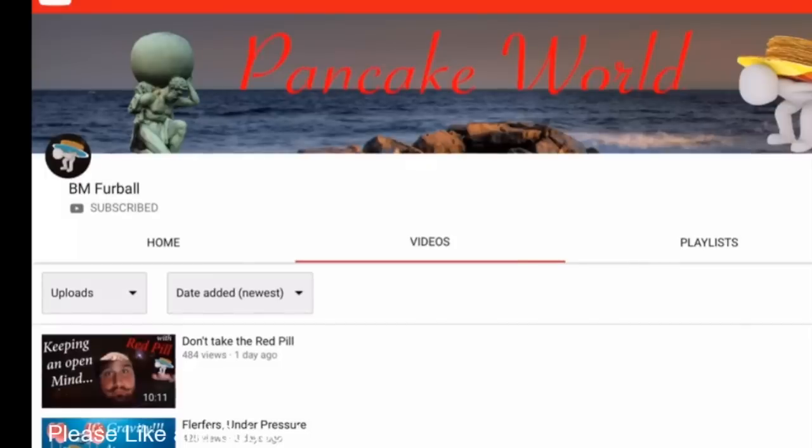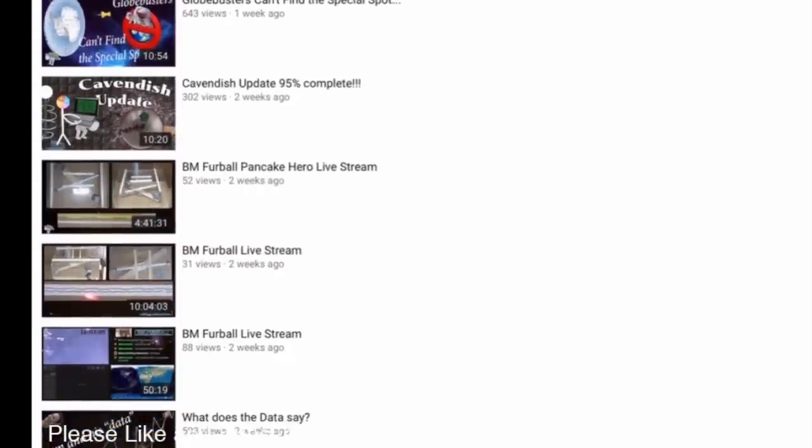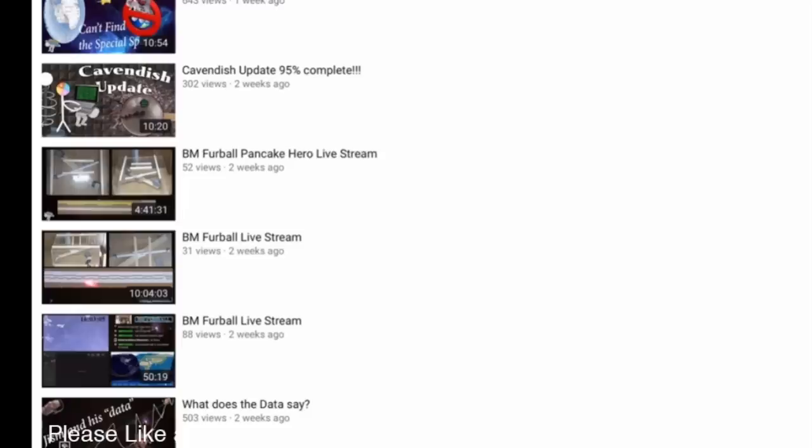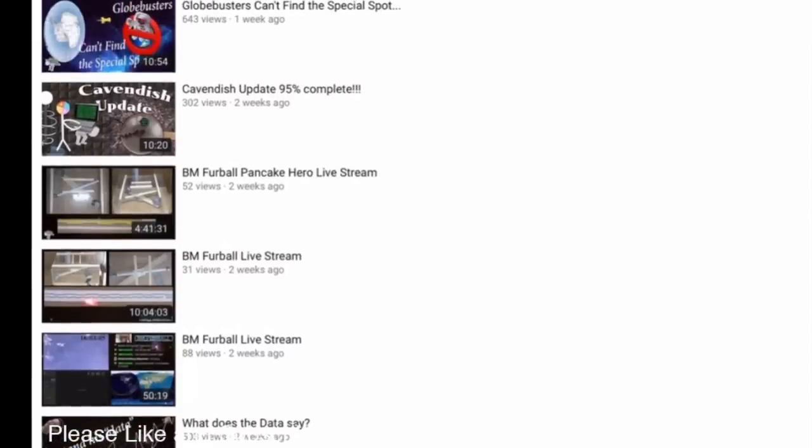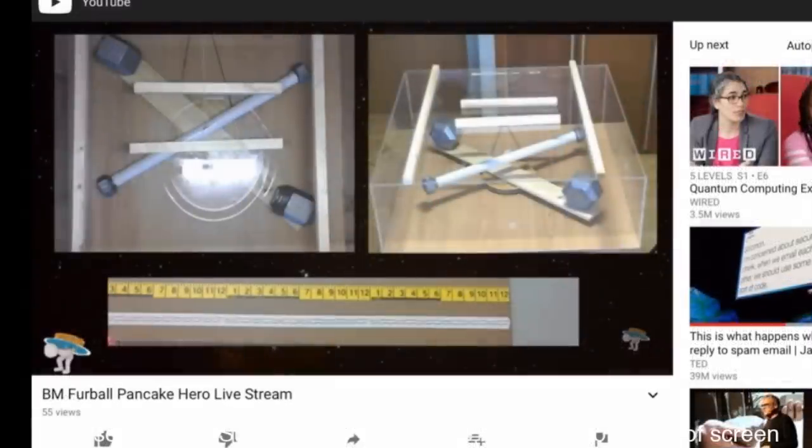Here's BM Furball Pancake Hero, a friend of mine, who's setting up a Cavendish experiment right in his apartment. And he's got it in a box here, as you see. He's used PVC pipe, and quite frankly, it's working. So as you see, he's got a torsion balance here made out of PVC pipe.